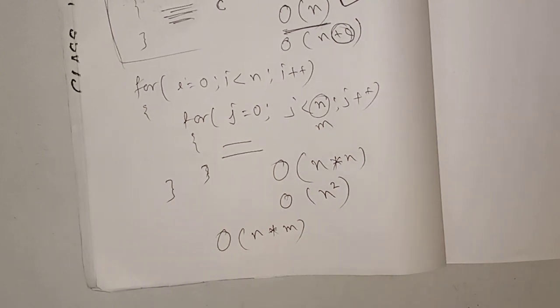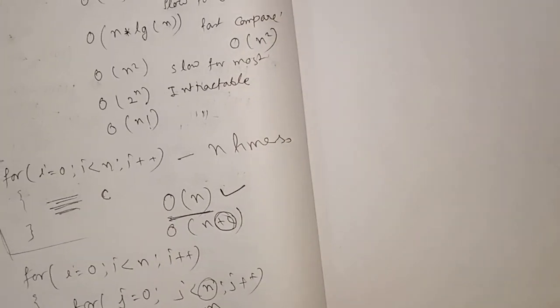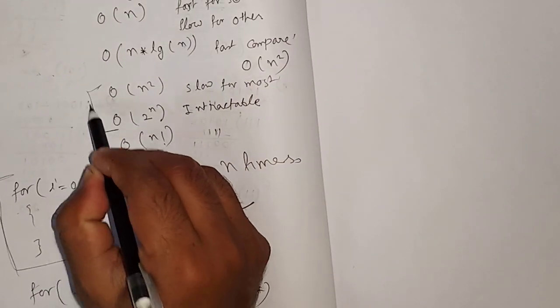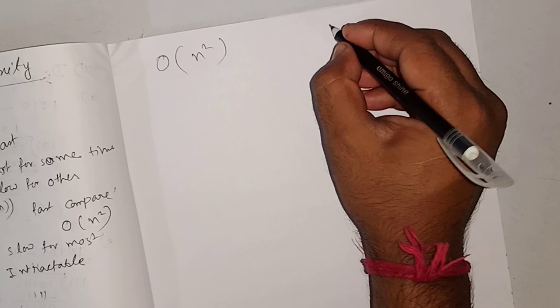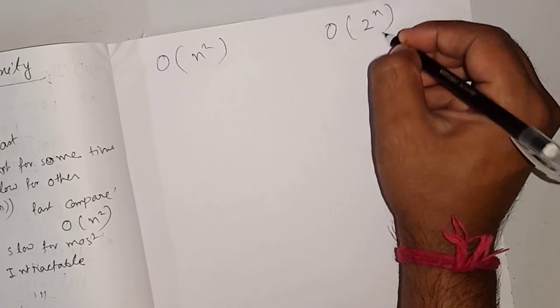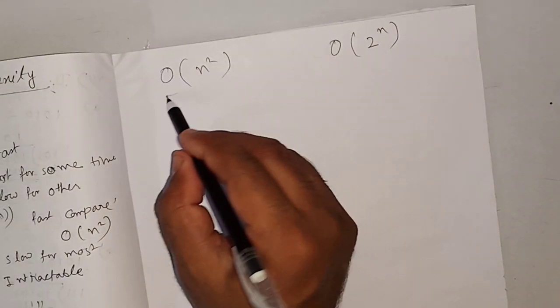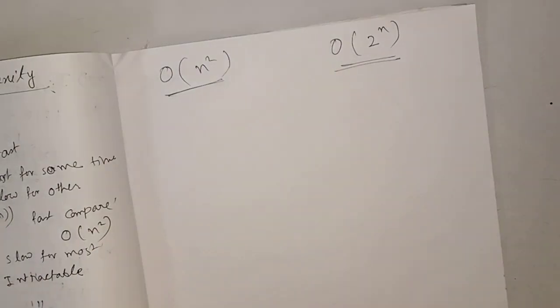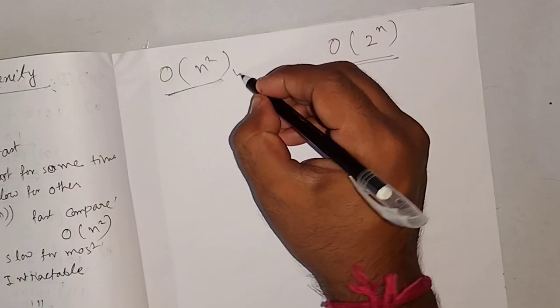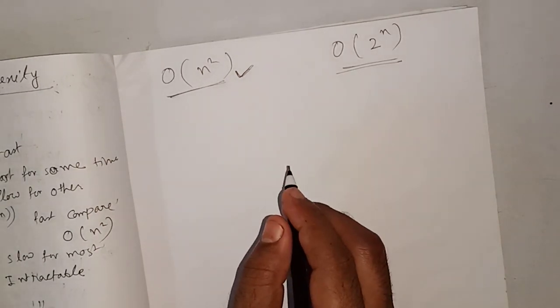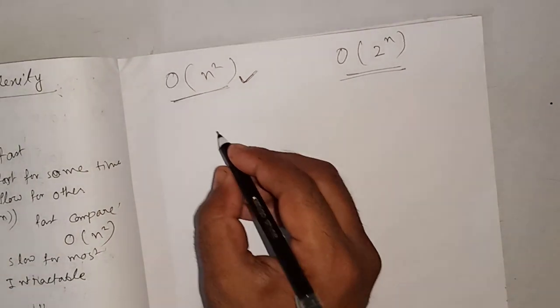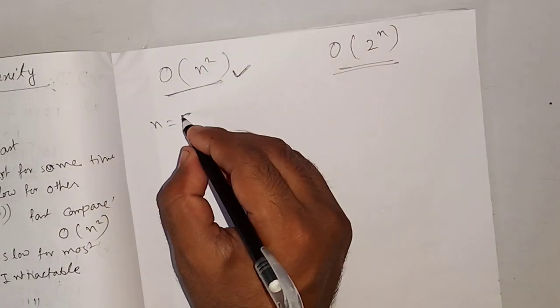Okay, this is the complexity. Now you can see there are two things present: one is O(n square) and another one is O(2 to the power n). Now if I ask which one is faster of these two, always the first one is faster. Consider that n is equal to 5, m is equal to 5.